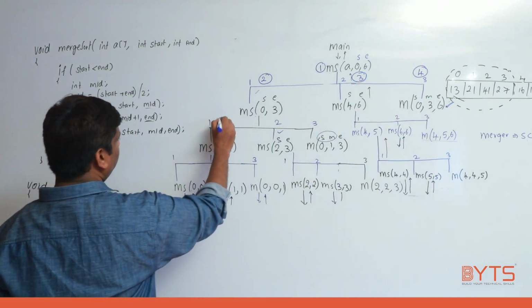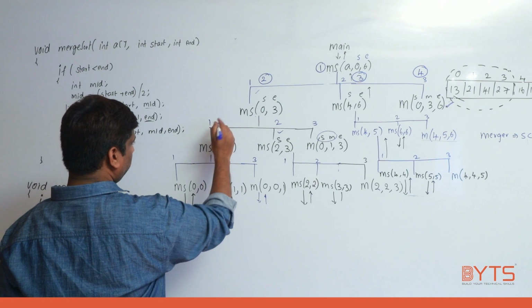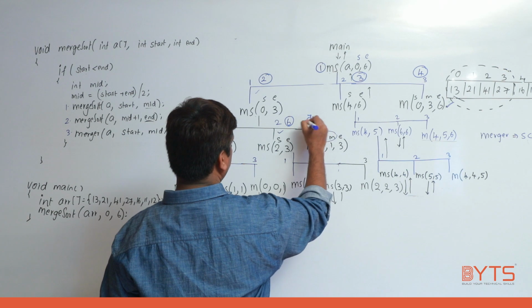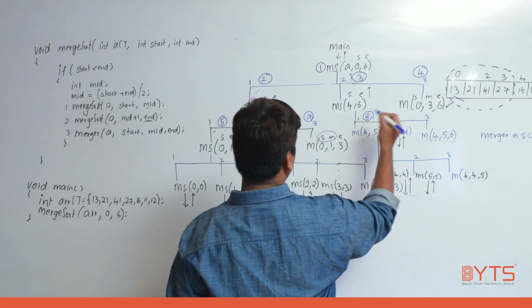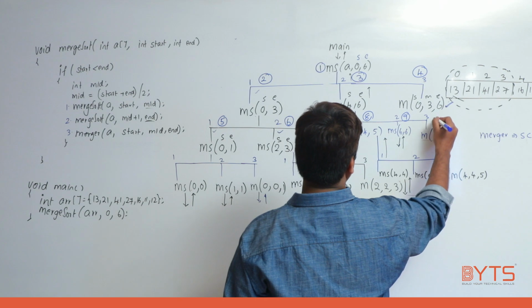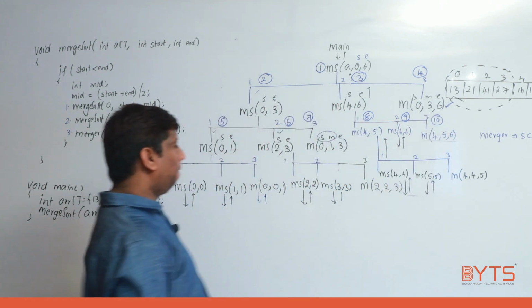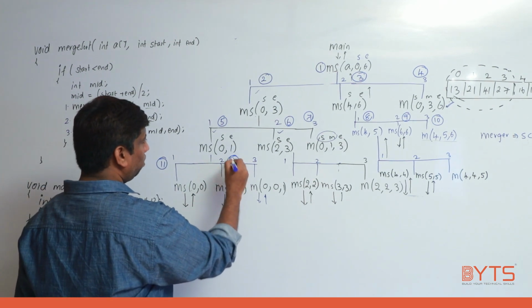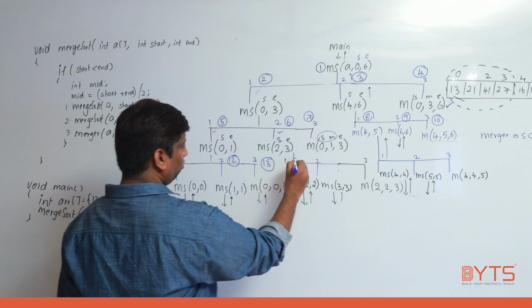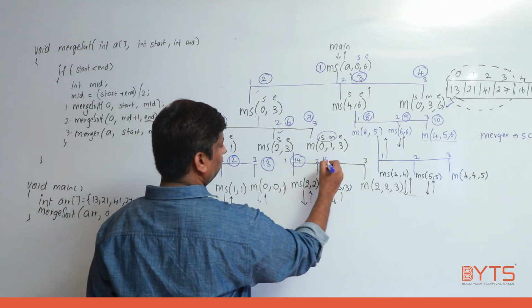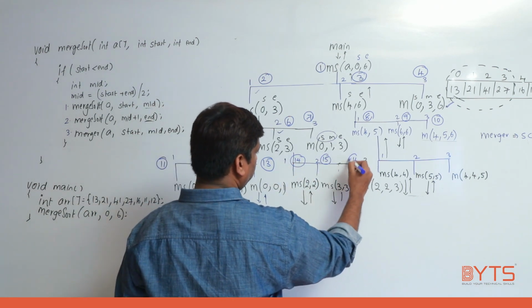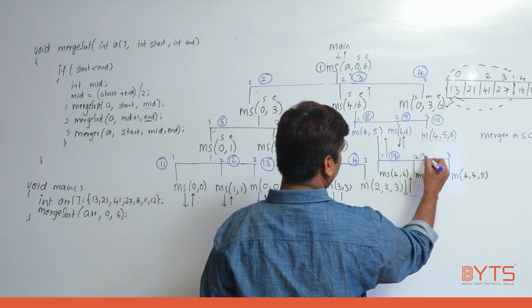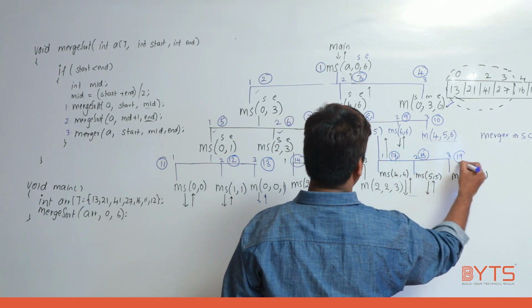Next, this will be 5, right? Just here 5, 6, this is 7, this is 8, this is 9, this is 10, this is 11, this is 12, 13, 14, 15, 16, this is 17, 18, 19.